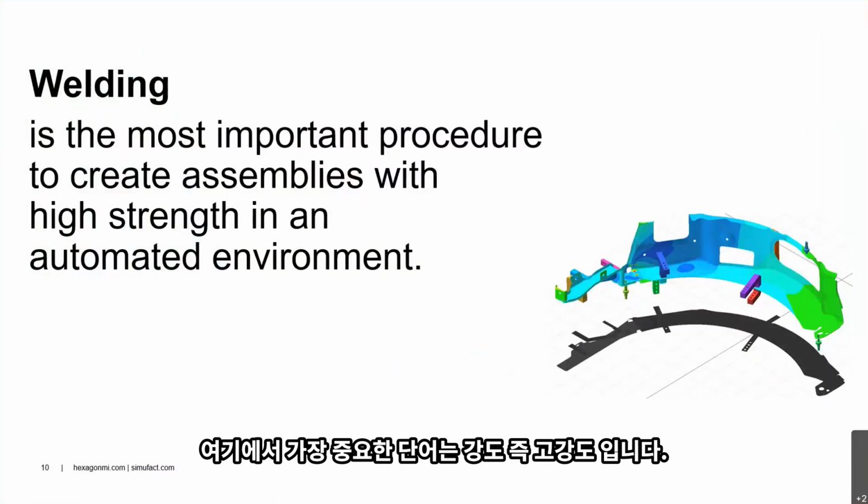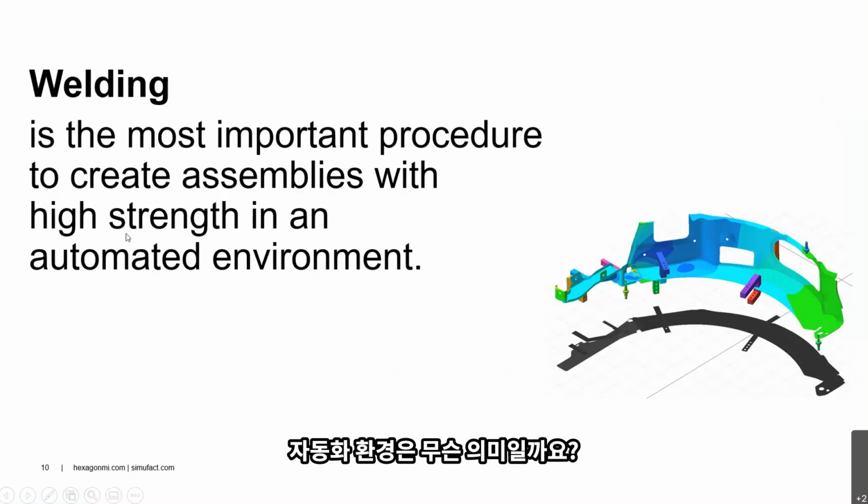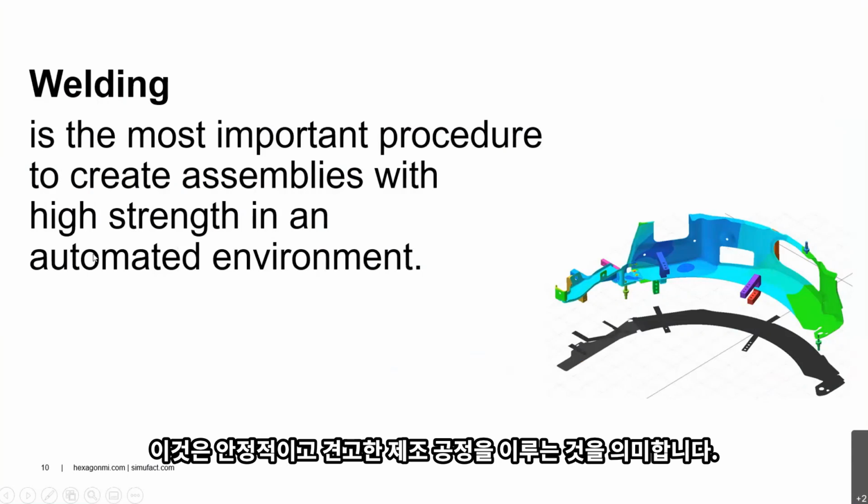And there are, for me, two very important words in that. The first is the word strength. And here, a high strength, that means a high loadability of the welded structures, is required. An automated environment, what does that mean? That means that we want to achieve manufacturing processes with a high robustness.